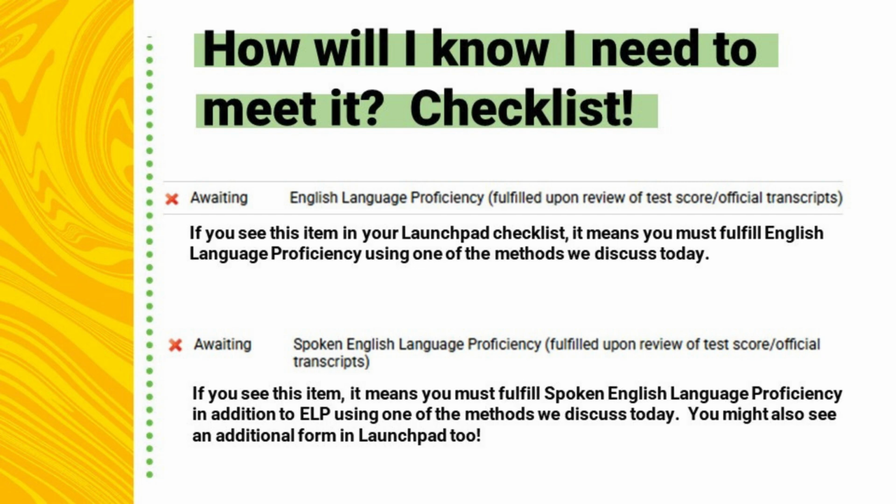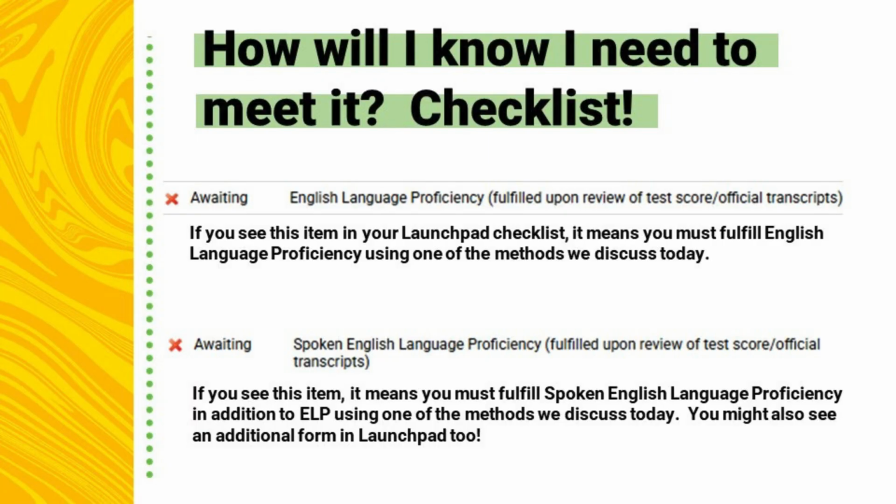If you see this lovely little X that says "awaiting English language proficiency," it means that you must fulfill it in some of the ways we're going to talk about today. If you applied to nursing or education, you will also see the spoken English language proficiency piece, so you know you have to meet that as well.